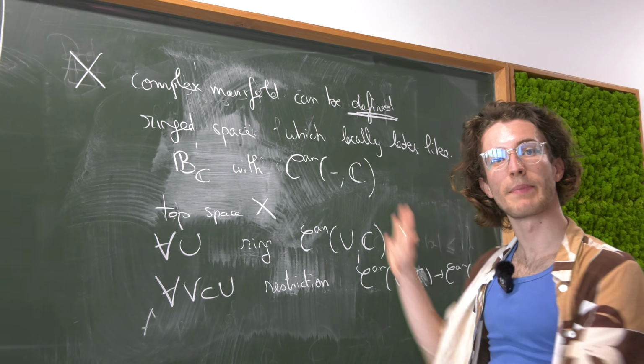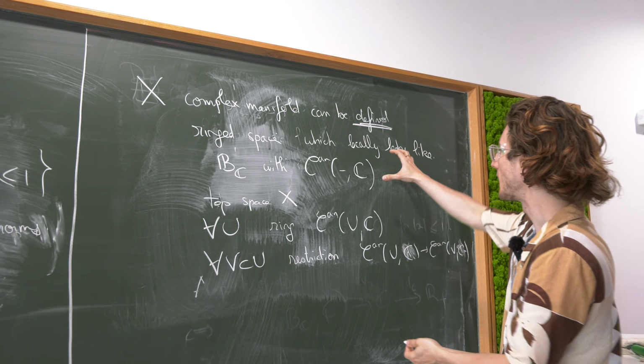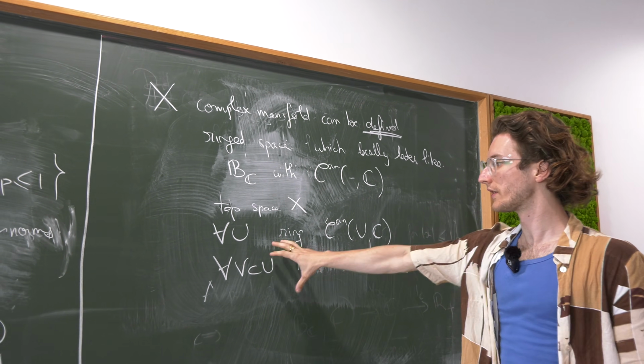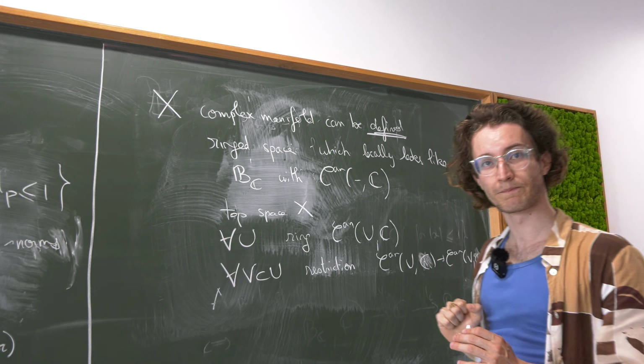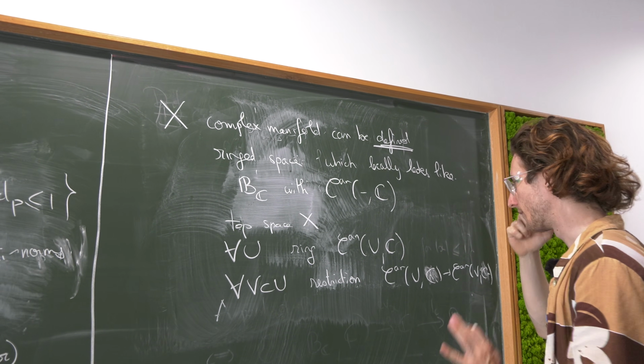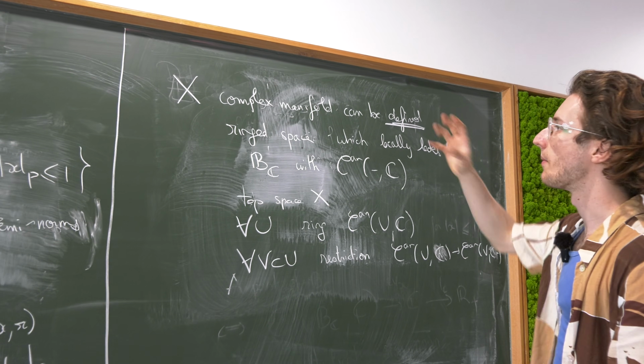That's kind of the ringed space associated. And I'm just saying that it locally looks like, so there's an open on which it looks like the one I could have defined for B1 of C. And this gives you the same concept of complex manifold.